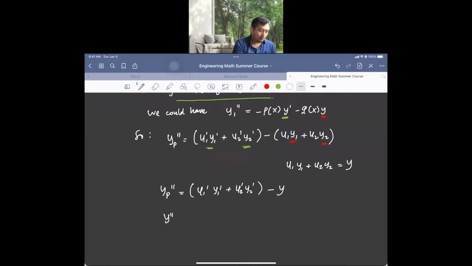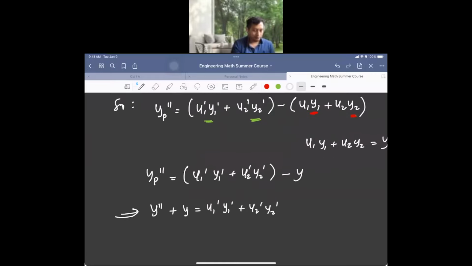And then if we take the equation back, that y double prime plus y is supposed to equal u1 prime y1 prime plus u2 prime y2 prime. And again, it fits with the equation from the beginning. This is just arranging the formulation.